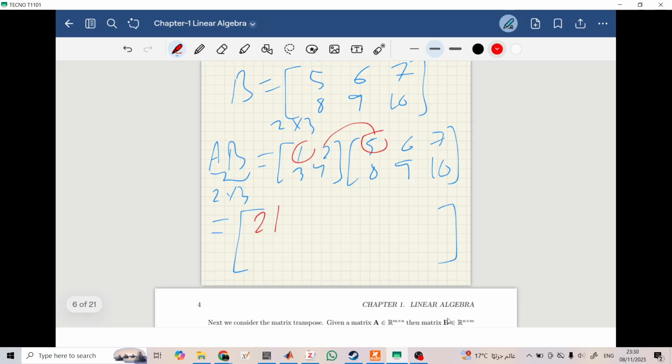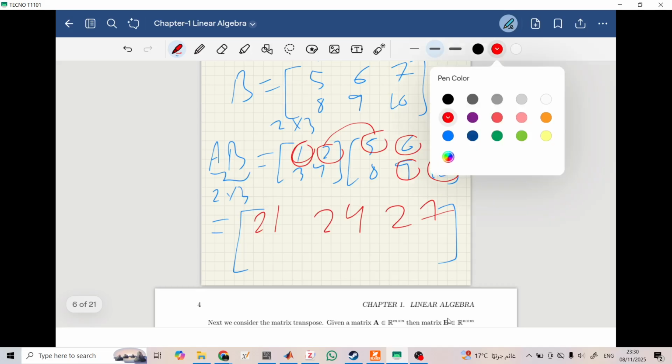Now the second element here, we multiply 1 by 6 and 2 by 9. So 6 plus 18 is 24, right? And again 1 by 7 plus 2 by 10, which is 27.